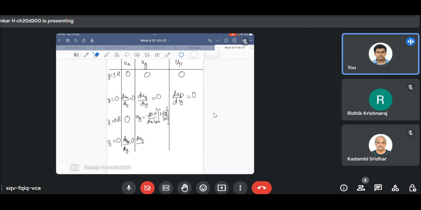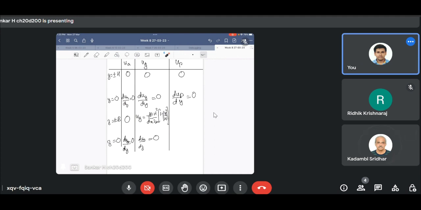Since we have not mentioned UG as a function of z, the derivative of UG with respect to z will also be 0. Does this make sense? UG is not a function of z, therefore dUG by dz should be equal to 0. That's all I'm saying here.